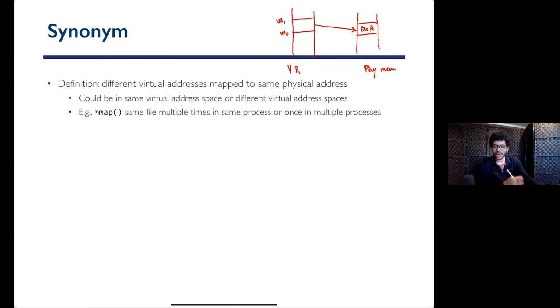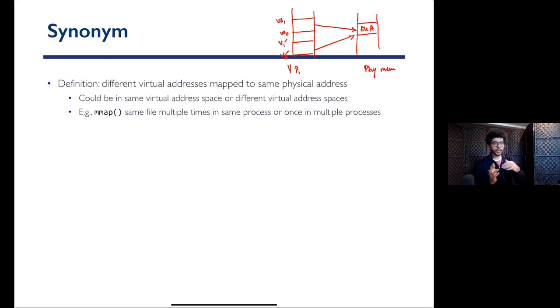Now, let's say the program, for whatever reason, does another memory map. So it calls memory map of the same file again. Now, the operating system is not going to make another copy of the file in memory because the file already exists. So what happens is that the operating system is going to map a separate virtual address range, V0 prime and V1 prime.